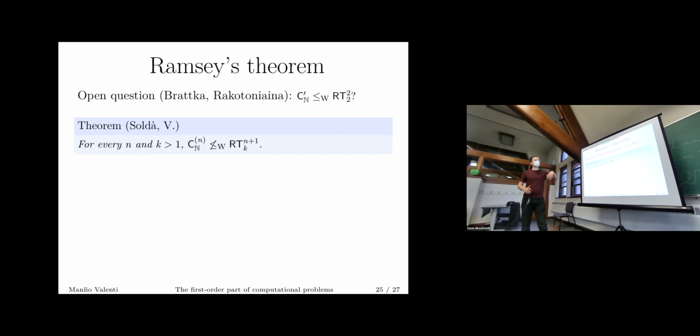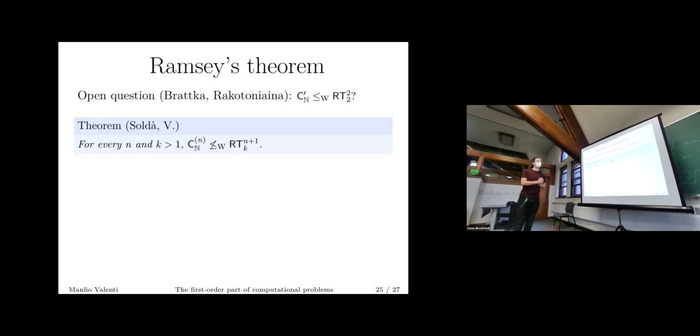In particular, they asked whether the jump of choice of natural numbers reduces to RT22, and we answered the question in a negative way. This actually generalizes, it is a more general result because it involves arbitrarily many jumps, not just the first jump.